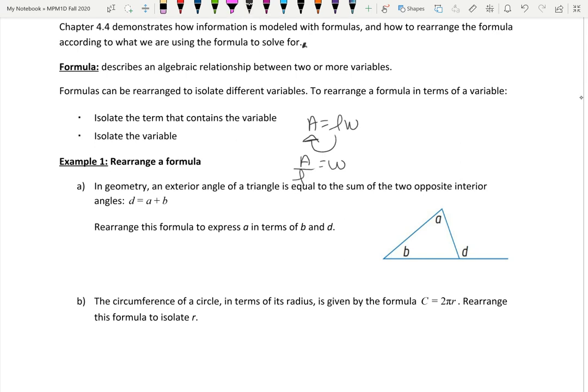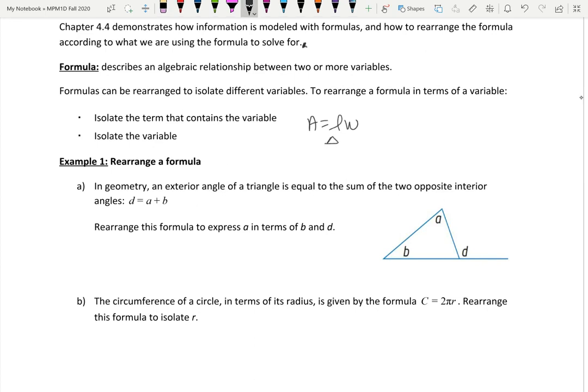Now remember, just while I'm here, LW means length times width. But remember, we're trying to stay away from using that X to represent multiplication because we may confuse it with the variable X. So writing LW, I understand that means length times width.